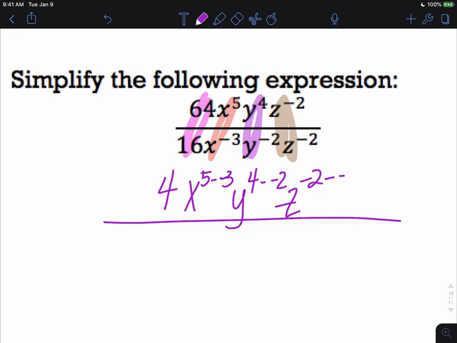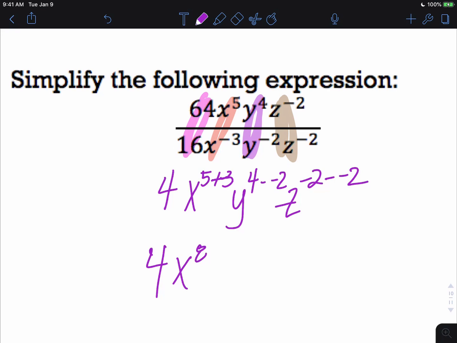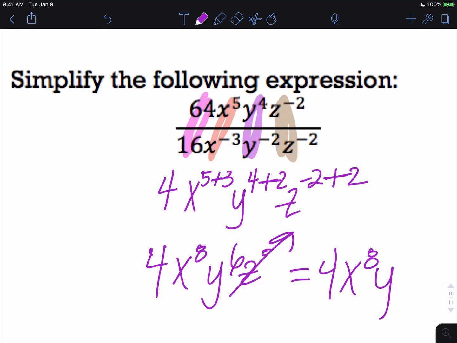Z to the power of negative 2 minus negative 2. Let's start simplifying. So 4, x to the power of 8, y to the power of 6, z to the power of 0, which I can just get rid of because that's 1. So there's my final answer.